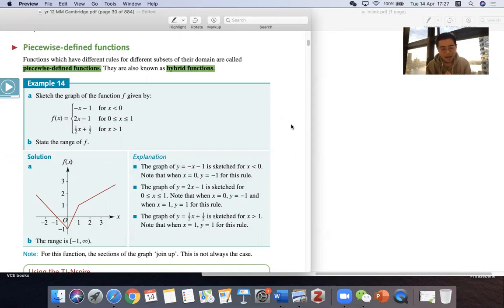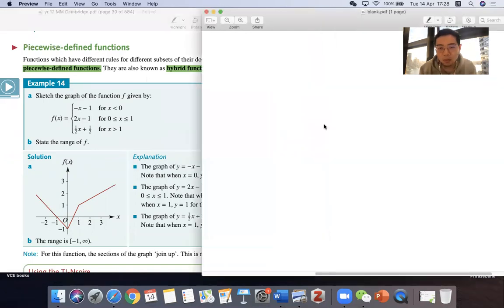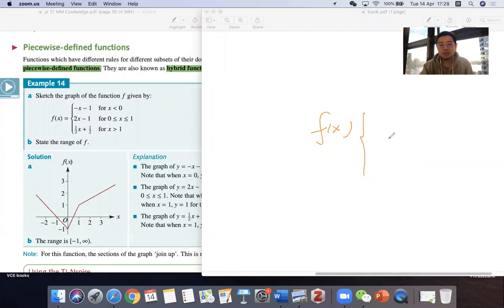According to our math, the hybrid function means our f(x) is no longer a single equation. It becomes something connecting together like this, okay? Like connecting together.